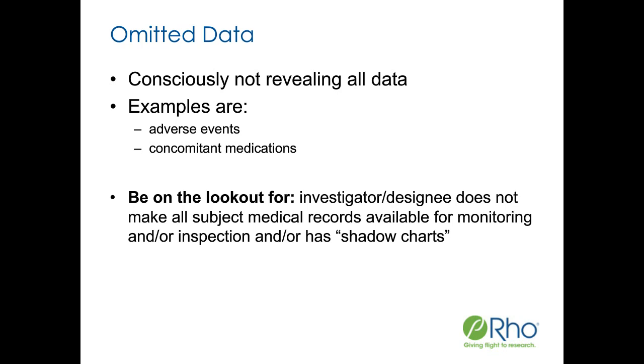We're going to go through some examples from real-life audits momentarily where we'll discuss how these two types of events are most commonly omitted. Things to be on the lookout for: if your investigator or their designee doesn't make all the participant medical records available for monitoring and/or inspection, very often omitted data is common when there's the use of shadow charts.